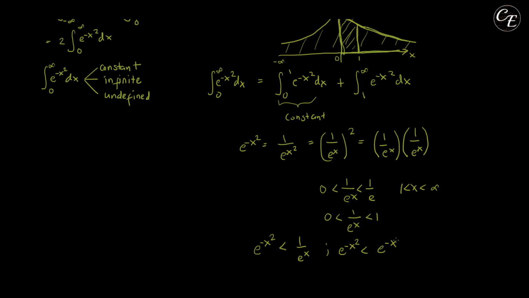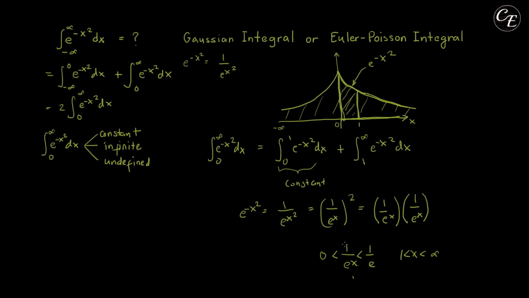Since e raised to negative x is greater than e raised to negative x squared, then its graph should be above e raised to negative x squared from 1 to infinity. So the area below that e raised to negative x from 1 to infinity should be higher than the area below the graph of e raised to negative x squared from 1 to infinity.